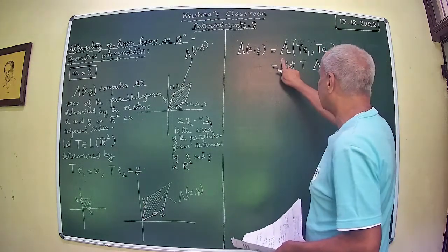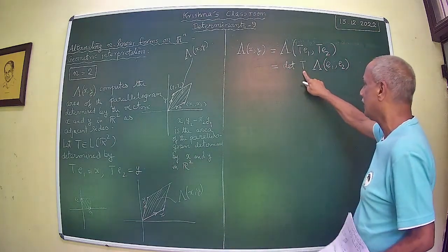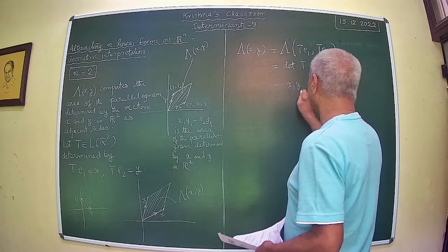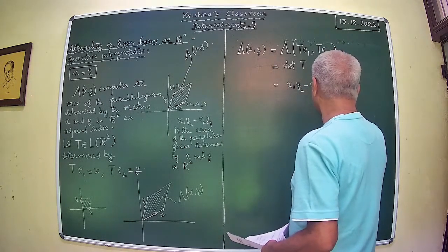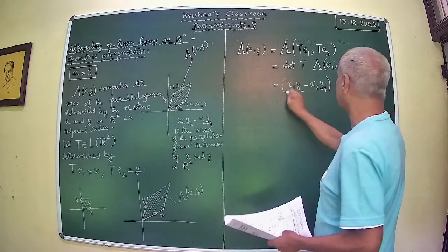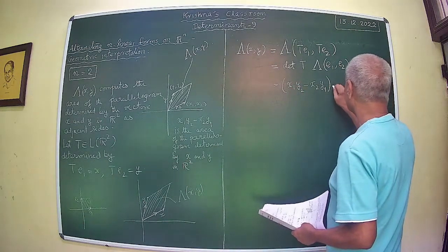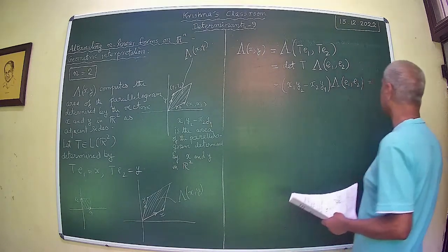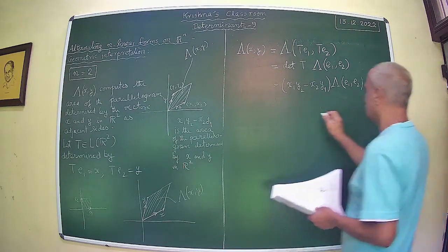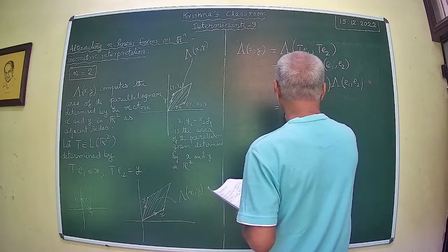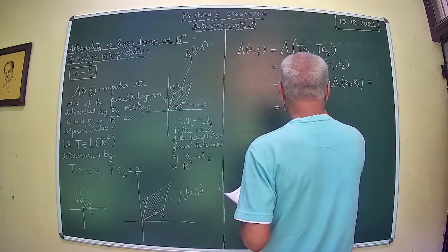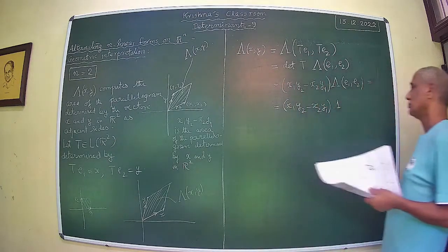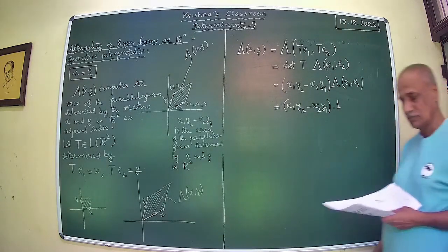The multiplying factor is what you call determinant of T, and this is essentially equal to x1 y2 minus x2 y1 multiplying... which is equal to... Okay.